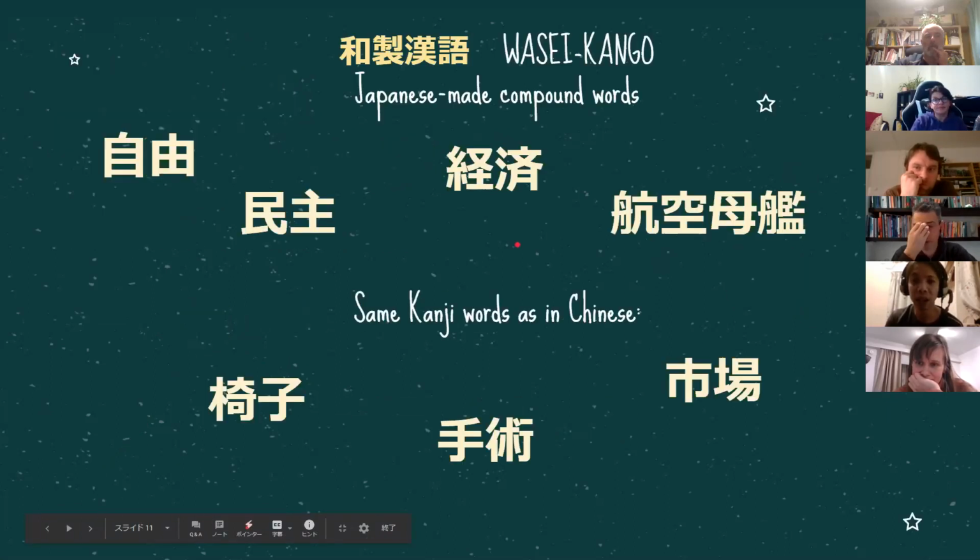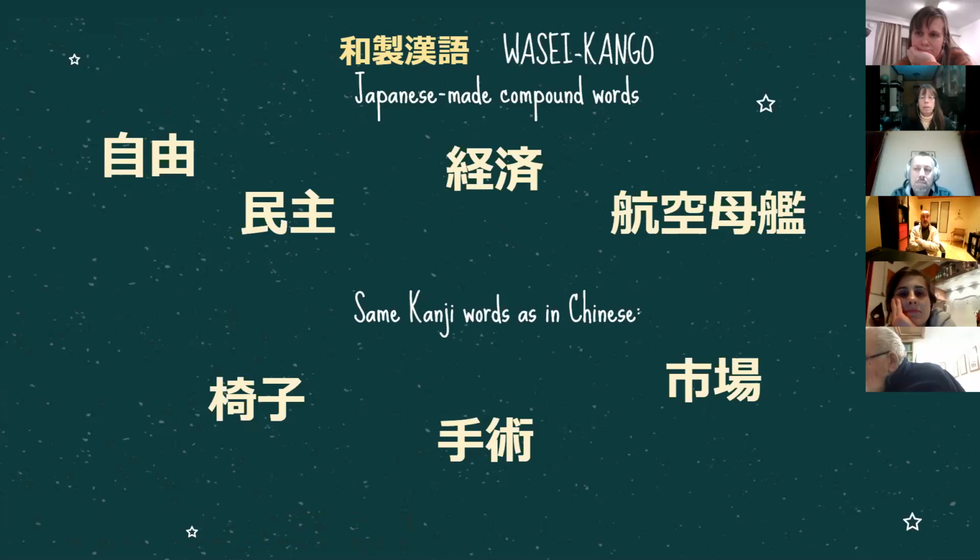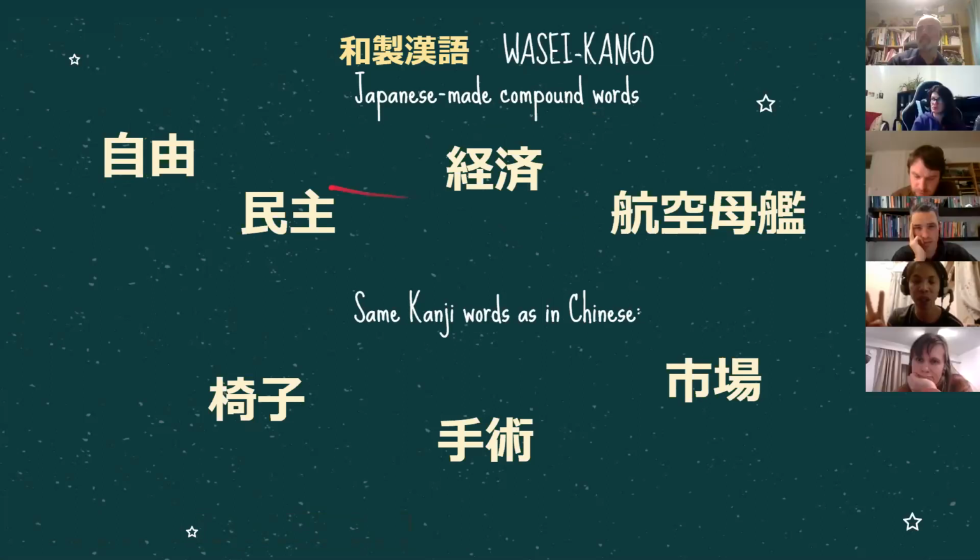And this is a category of Japanese-made compound words, or wasei kango. So in the 19th century, the Westerners brought books and ideas to Japan. And there were new vocabularies like economic freedom and democracy or something like that. And they didn't have the corresponding words for these new vocabularies. Like there is no such thing as freedom and democracy in the Chinese dictionary.